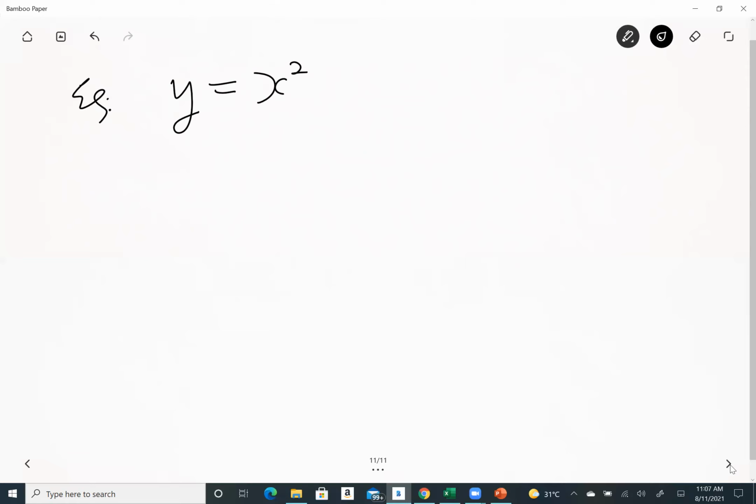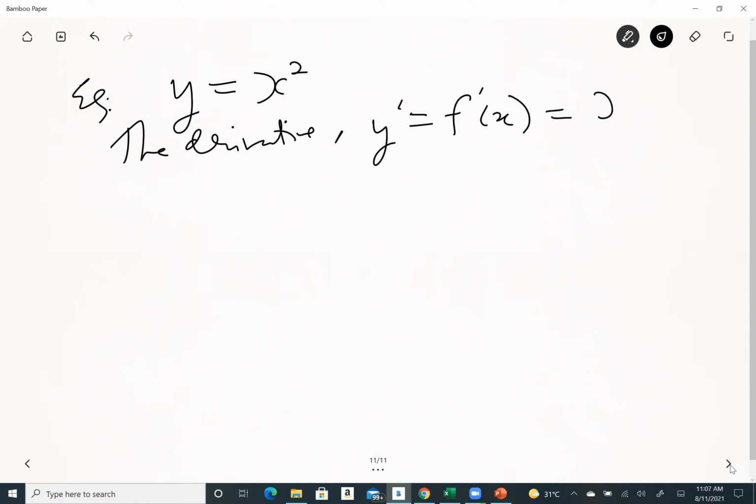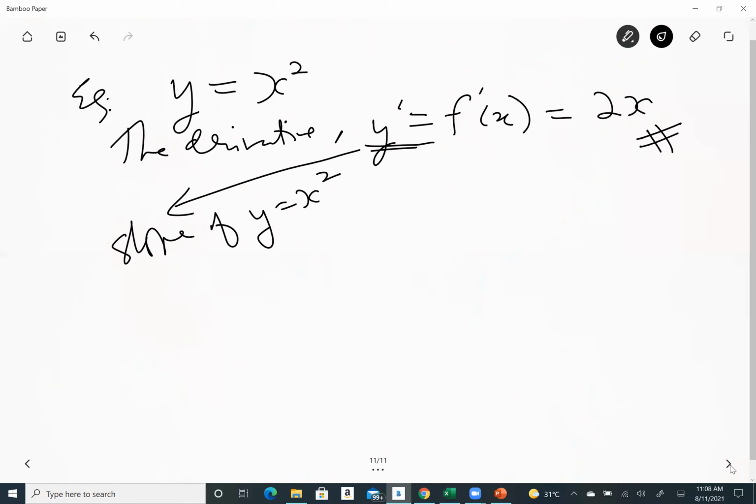The derivative, y prime, f prime of x equal to what? 2x. So that is the derivative. Now this derivative, like I said earlier, will give you the slope of the curve y equal to x squared at any point.